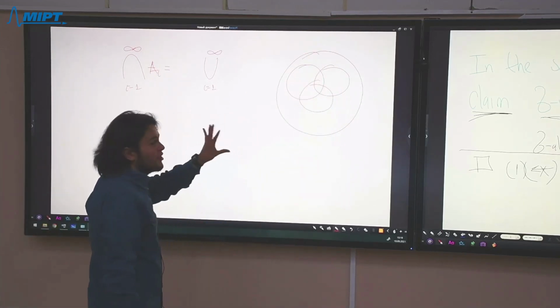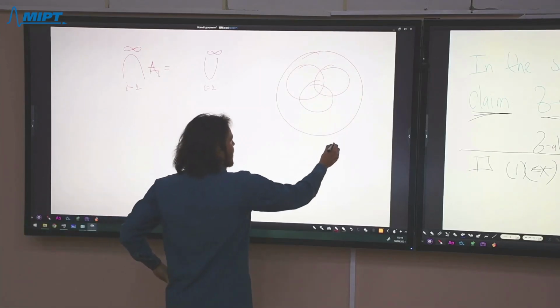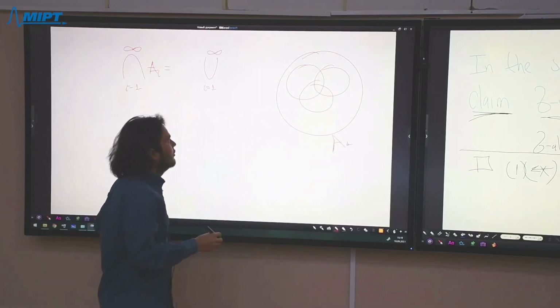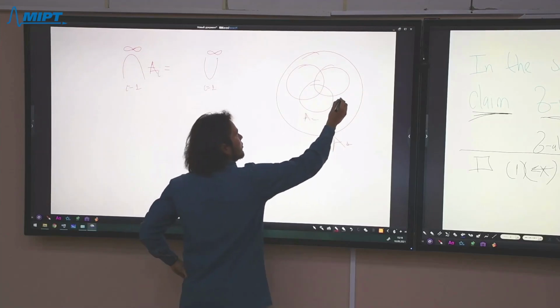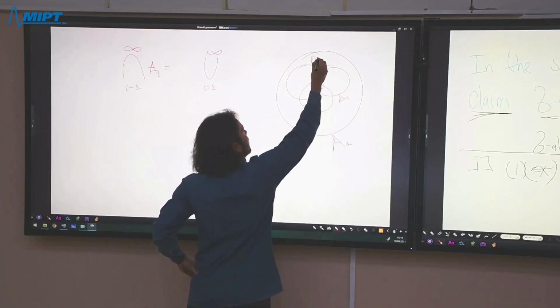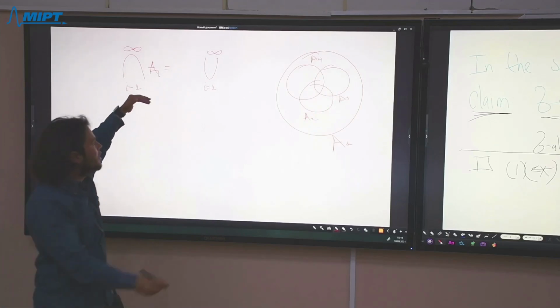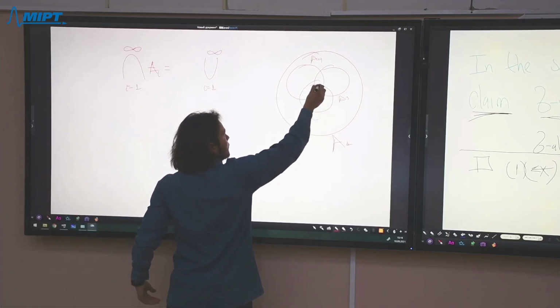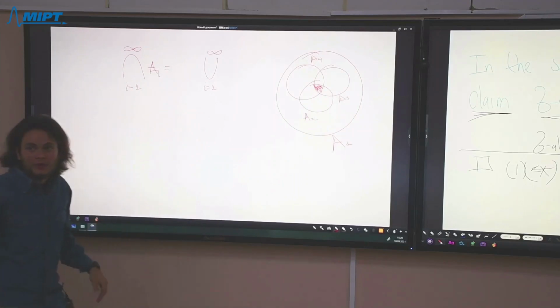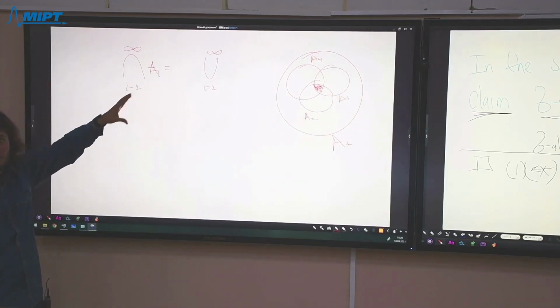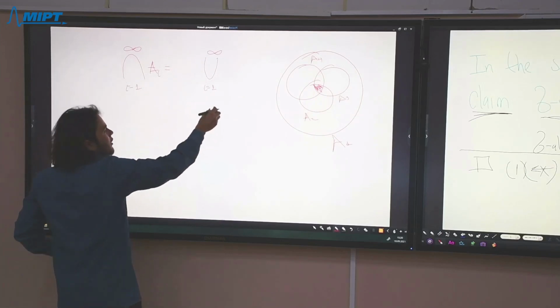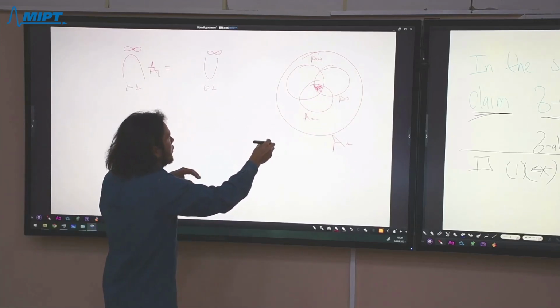So we have A sub 1, this can be A sub 2, A sub 3, and A sub 4, and so on, right? So what do we need? We need the intersection of all of them.